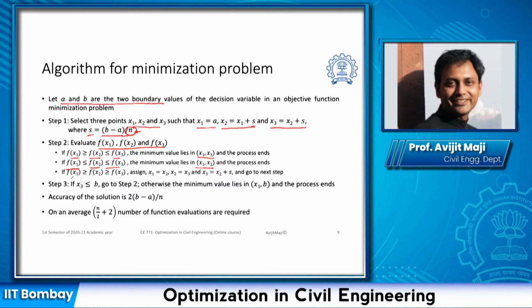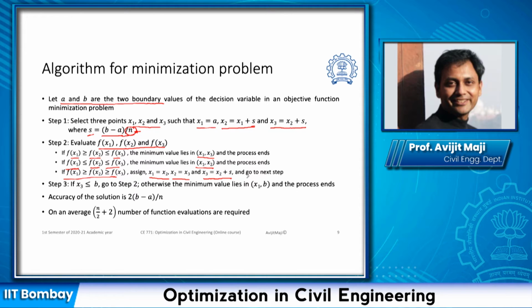The third option is when the new points we find are better and better than the initial point. In that case we can move forward: my new x1 point is the x2 point, the new x2 point is the x3 point, and the new x3 point is obtained from the new x2 point by adding the fixed step size to it.